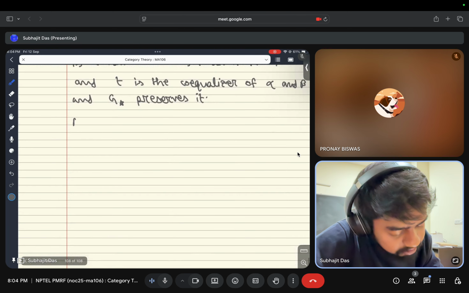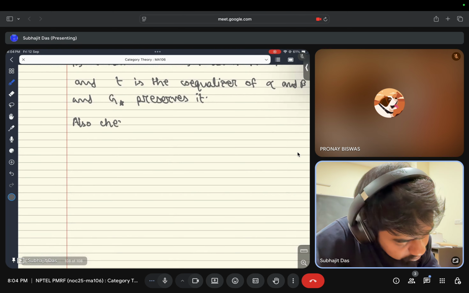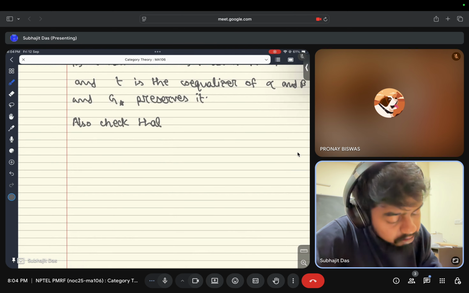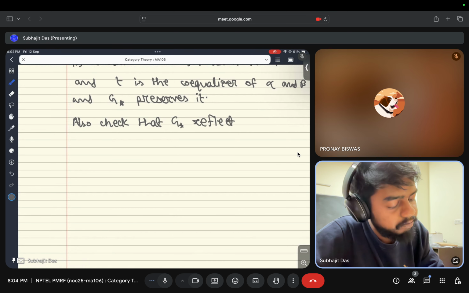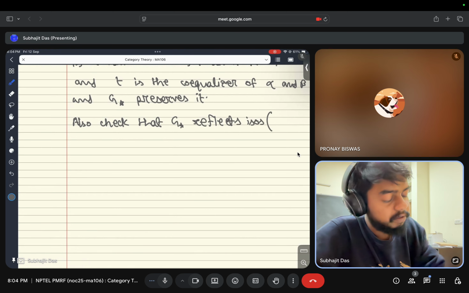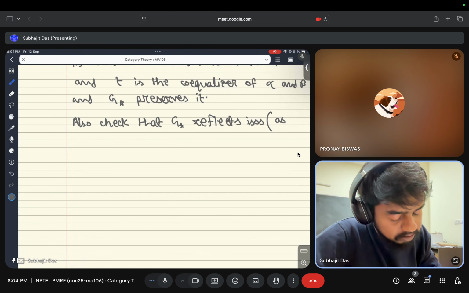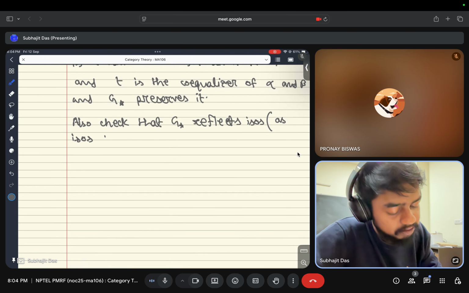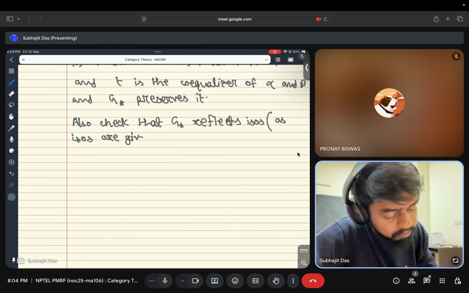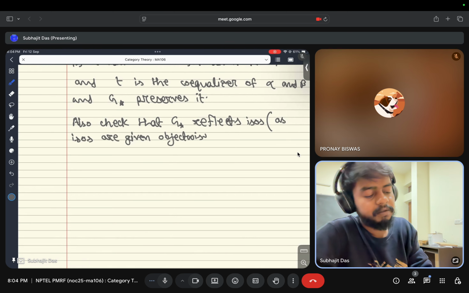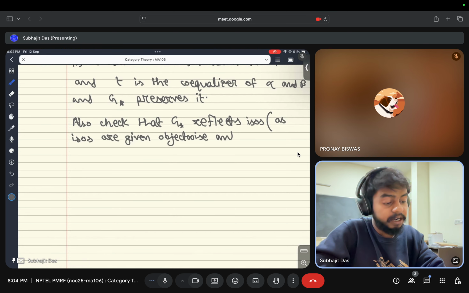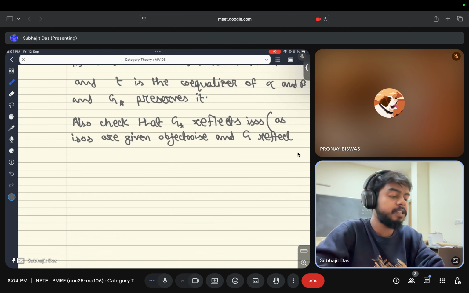So also check reflects isomorphisms, as isos are given object wise, and G reflects isos, conservative.